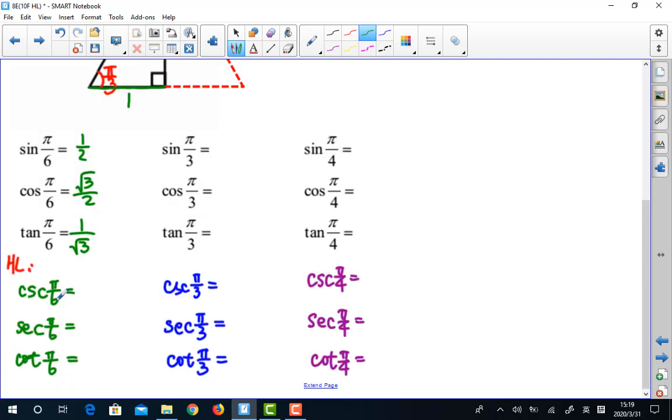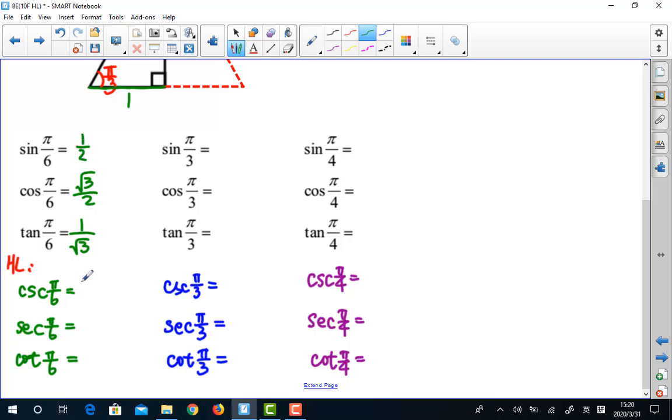For HR students, you also need to know how to find the other 3 trig ratios of pi over 6, like cosecant pi over 6, secant pi over 6, and cotangent pi over 6. Based on the trig definition we introduced in HC, cosecant pi over 6 should be r over y. So we only need to flip the ratio of sine pi over 6.